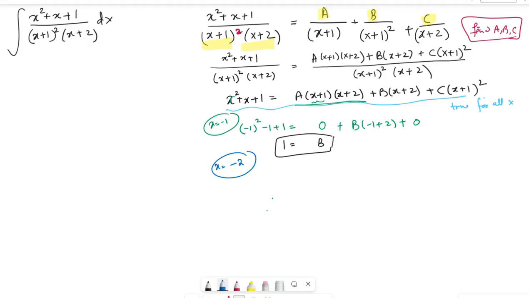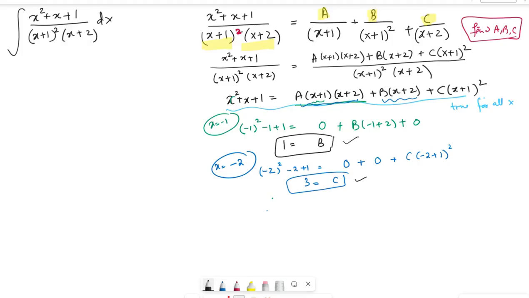So in place of x everywhere, now I'll put -2. -2 square minus 2 plus 1 equal to, now again this first factor will become 0 because I'm putting x equal to -2, plus this factor will also become 0, plus when I put -2 here, this will be 4 minus 2, 2 plus 1, 3 is equal to, this would be -2 plus 1 is -1 square C. So C is coming to be 3. Now we already got B and C.